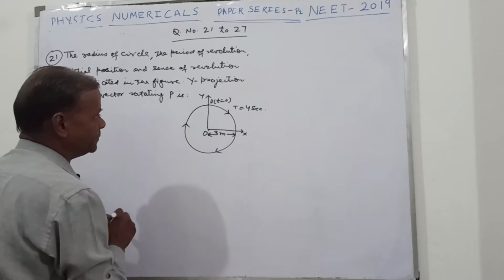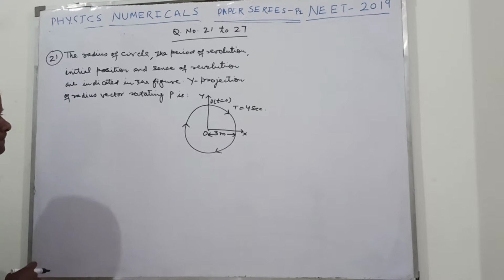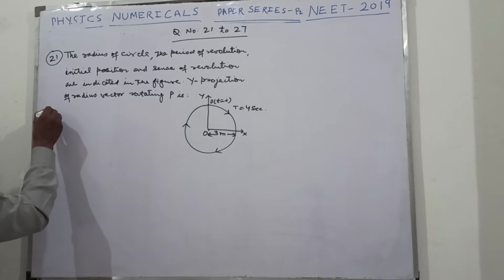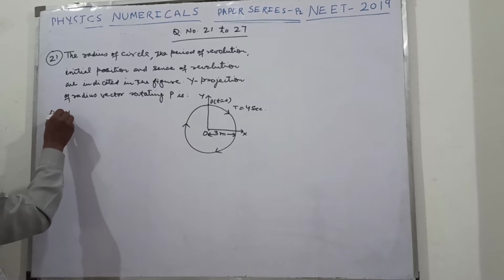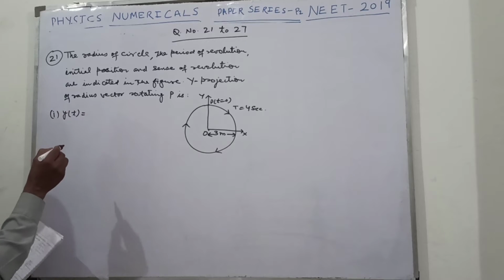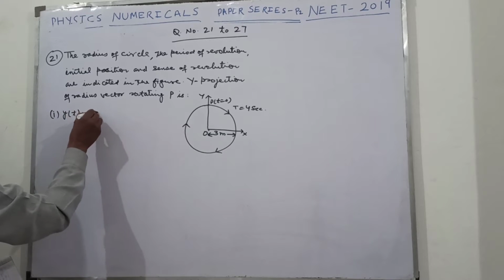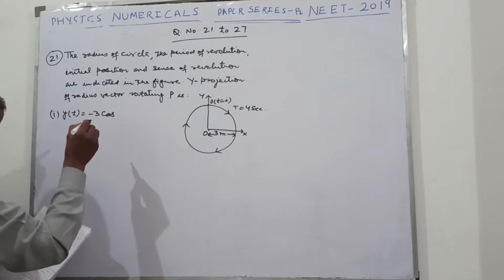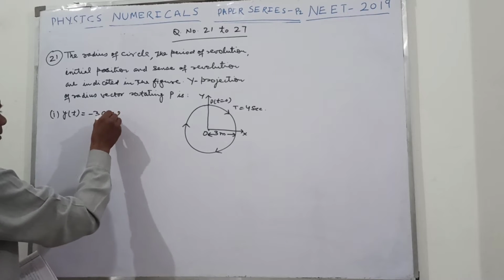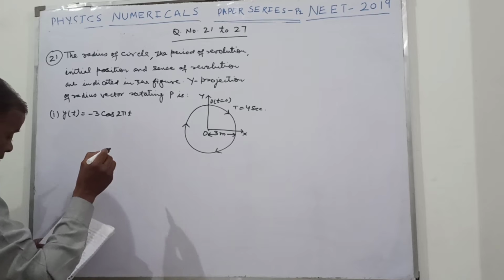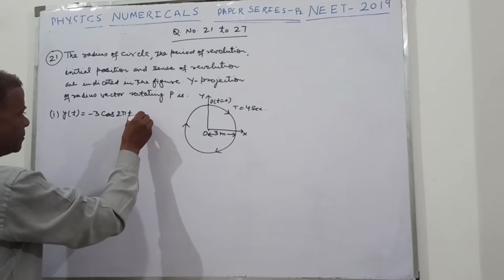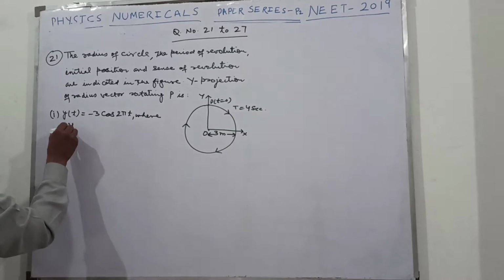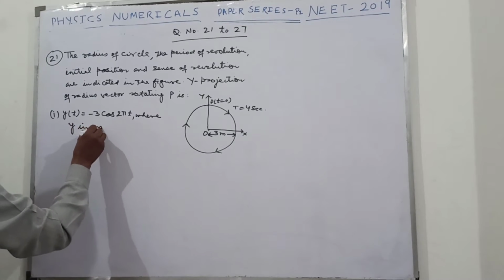And the options are given. First is y(t) equal to -3 cos 2πt, where y is in meters.